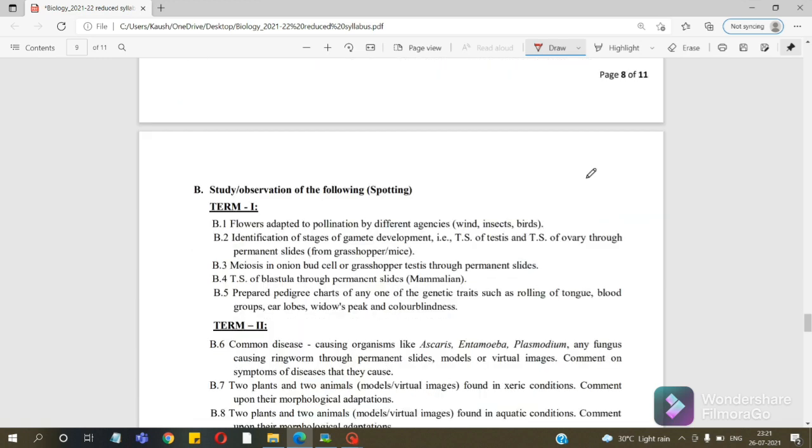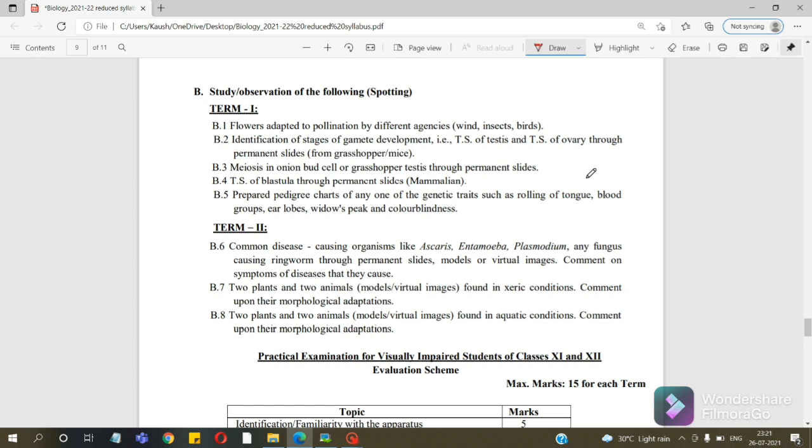If we talk about spotting, what will be the syllabus for spotting? In Term 1 you can have flowers that are adapted to pollination by different agencies like wind pollination and insect pollination. Next, you can see the permanent slide of TS of testes and TS of ovaries, that may be of grasshopper or mice.